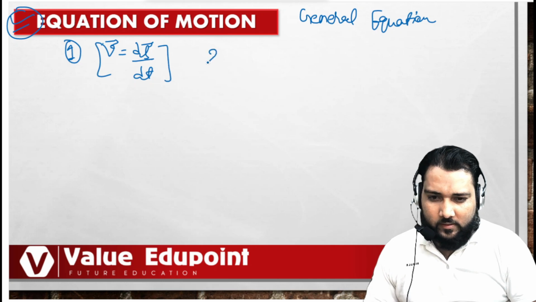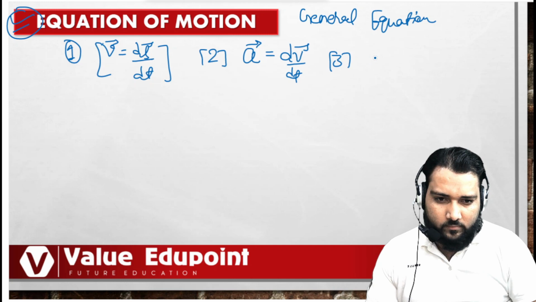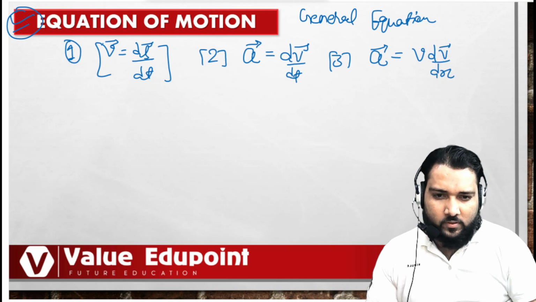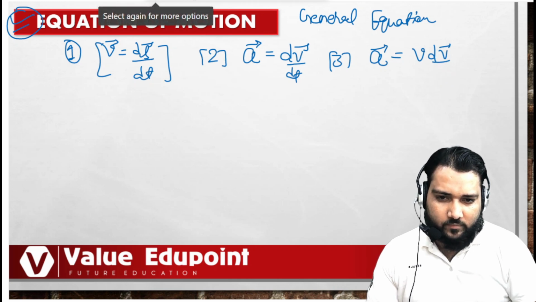The second equation is acceleration, and the acceleration is dv by dt. And the third equation is again the acceleration, that is v dv by ds. Sorry guys, here ds will come.